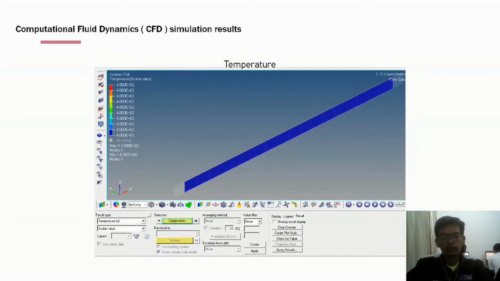Actually, for the temperature, velocity, and pressure, we got error results. For the temperature, the maximum and minimum value is 4.000 exponent positive 2, and both numbers of nodes are 1. For velocity and pressure, we got the same minimum and maximum value, which is 0.